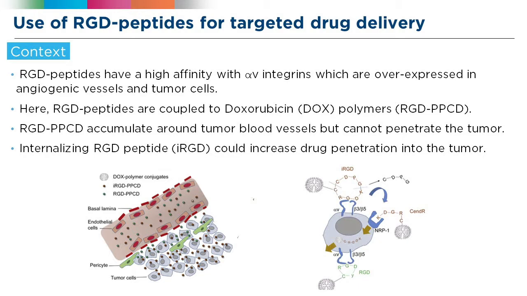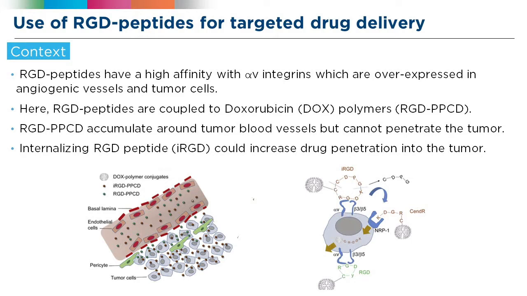So the idea is to use those RGD peptides as vectors to deliver doxorubicin as polymers directly to the tumor. So we are going to talk about RGD PPCD, which are doxorubicin coupled to RGD peptides. And some previous studies have shown that those doxorubicin peptides can accumulate around tumor blood vessels, but they cannot penetrate the tumor.